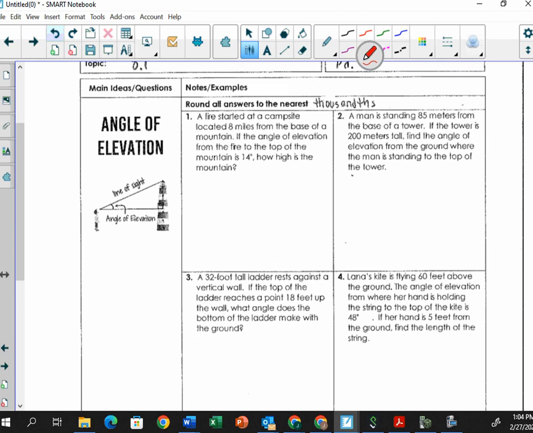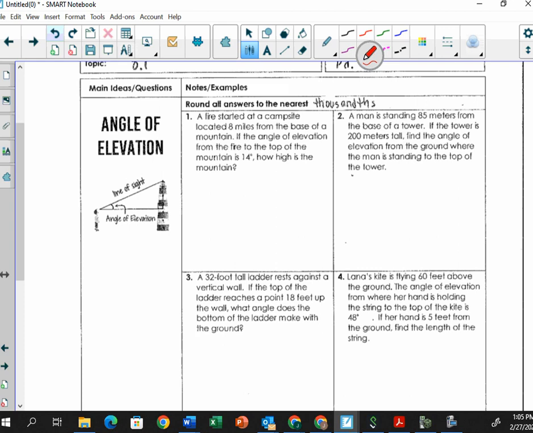Draw me a fun picture, guys. We don't even have the angle. There is no pit.